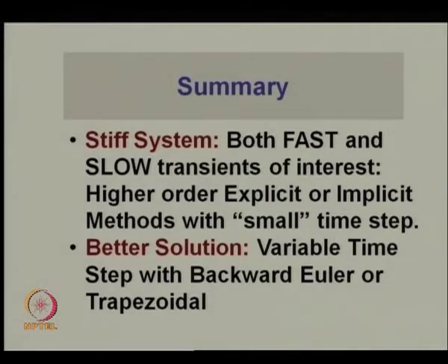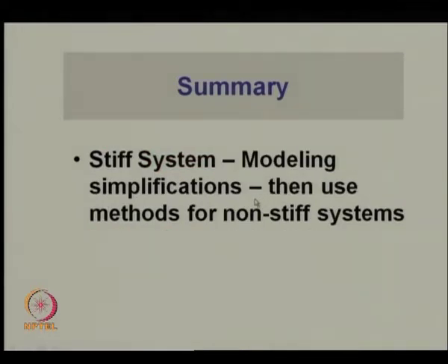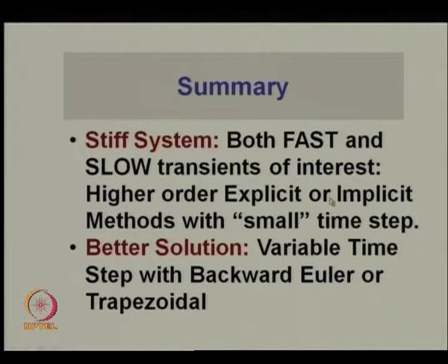Even here, even higher order explicit methods may be a problem. So, if you are encountering a stiff system, I think it is very safe to use implicit methods with small time steps if both fast and slow transients are of interest. It is a bit risky to use explicit methods because they do not have very good stability properties. Okay. You will have to use extremely small time steps, otherwise you may end up destabilizing some response. This is especially true with Euler like methods.